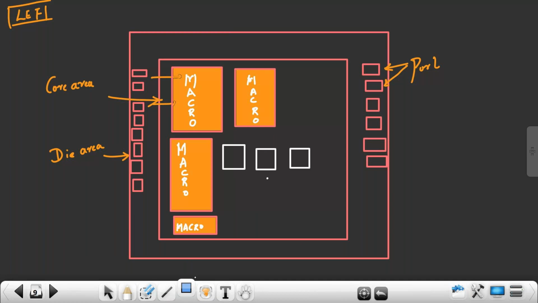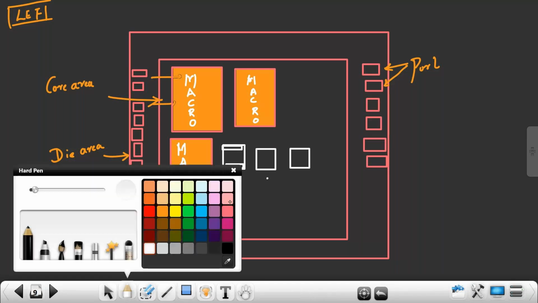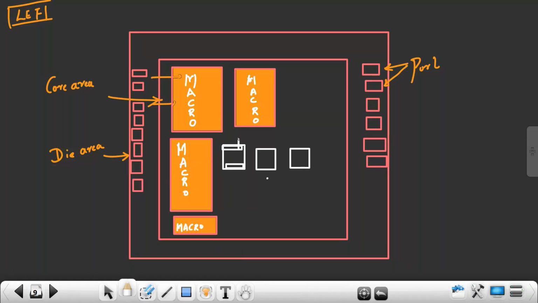This is the VDD rail, this is the VSS rail. Now imagine this VDD is very far. This is a VDD port, and my VDD connection is coming from here. And I have one more standard cell here, with the VDD connection coming from here. Do you see any problem in this?